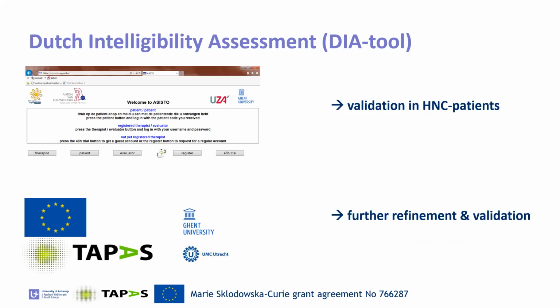One of the chances that we had is within the Assisto project, there was a chance to validate that same algorithm for head and neck cancer patients. So that's nice to see. And within the TAPAS project, there was also a work package where the colleagues of Ghent University and UMC Utrecht worked together to dive deeper into the DIA tool.